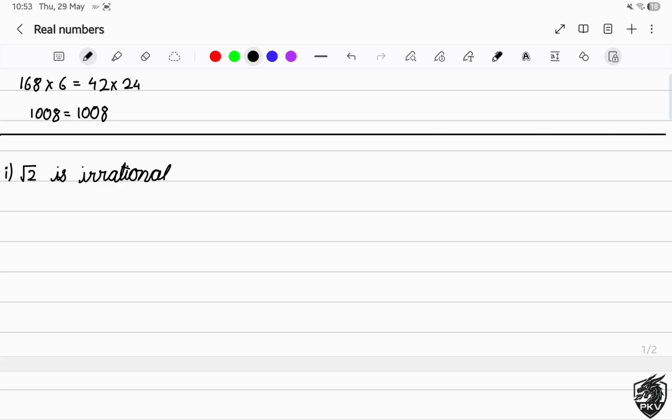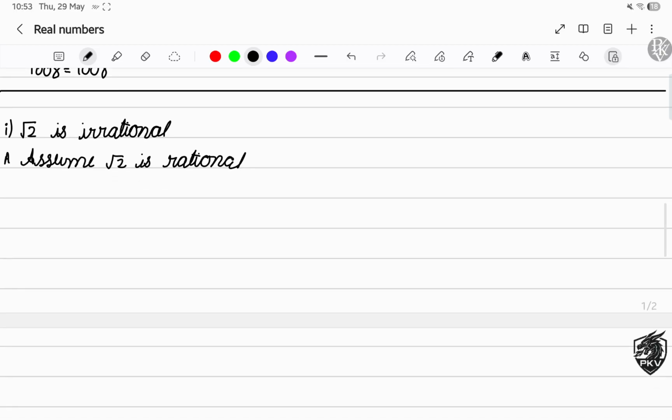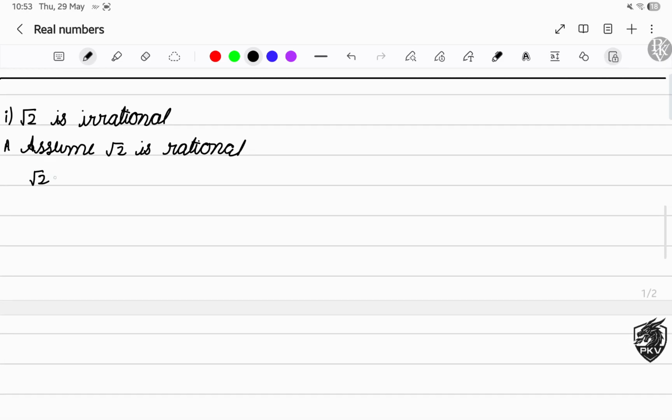First we assume that root 2 is rational. Okay, we know it's not, but keep it there. Assume root 2 is rational. Now if something is rational, we can write that as root 2 is equal to P by Q.